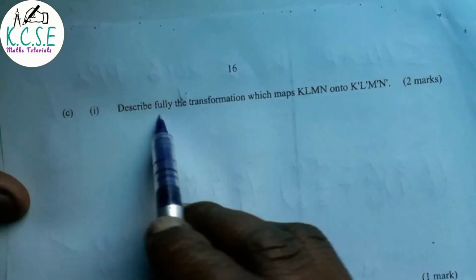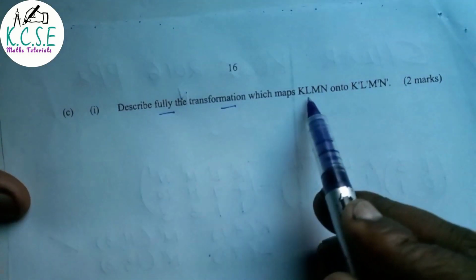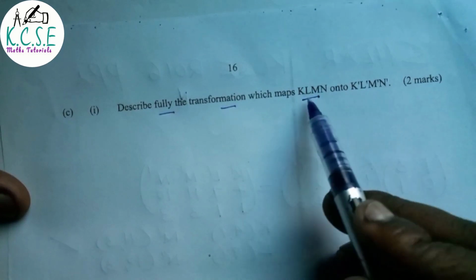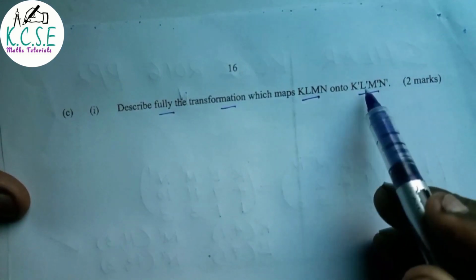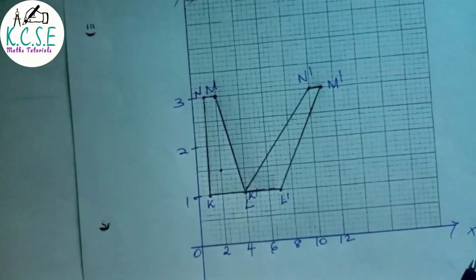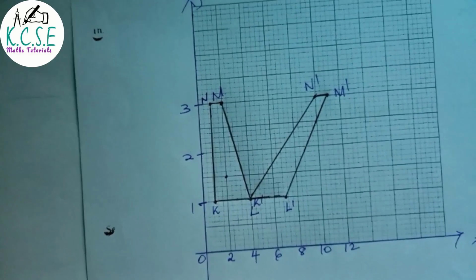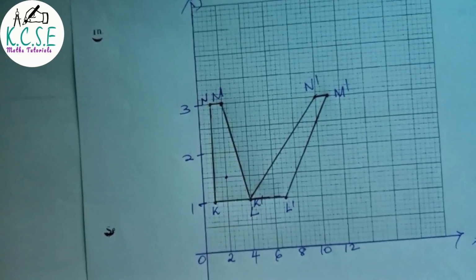Now, describe fully. This part of the question is describe fully the transformation which maps KLMN to K prime, L prime, M prime, N prime. Now, to describe fully this transformation, you need to have understood all the transformations that we have.